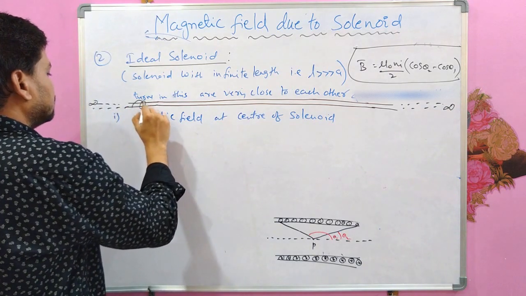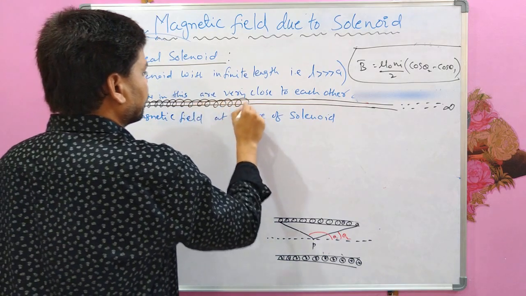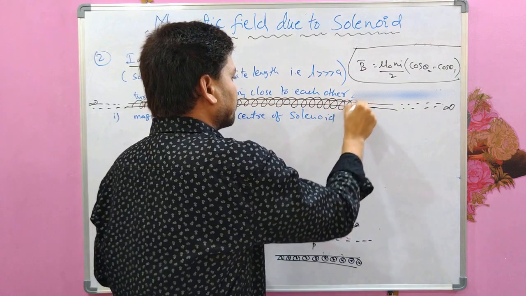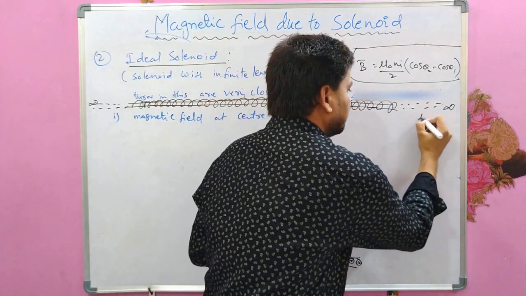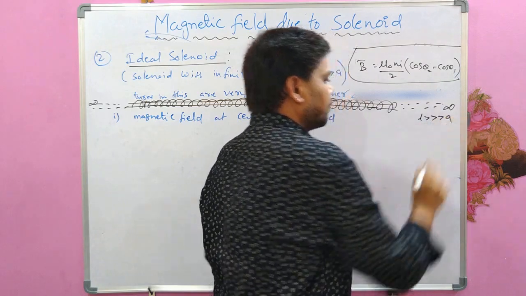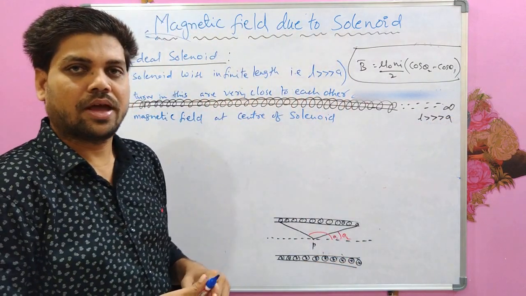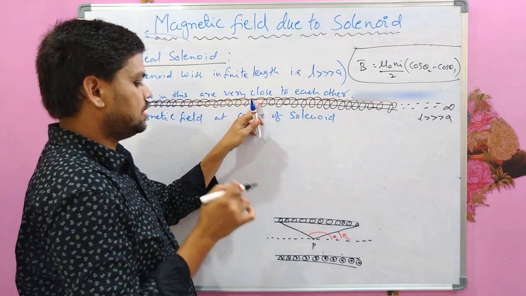And the turns are very close to each other, and so on. The length is greater than the radius. Infinite solenoid, and P is at the center of it.